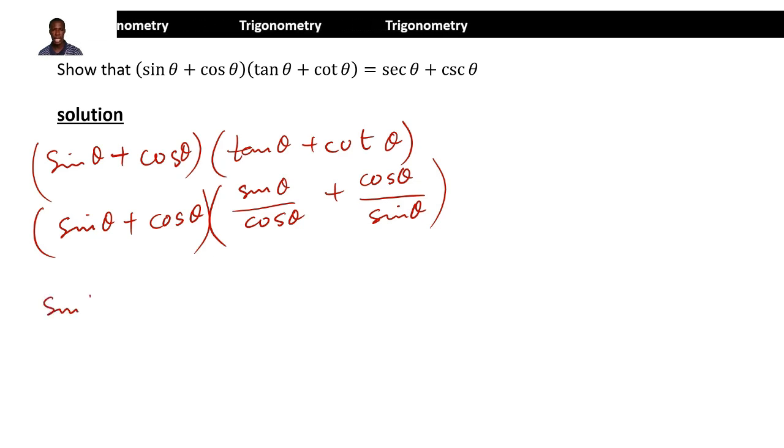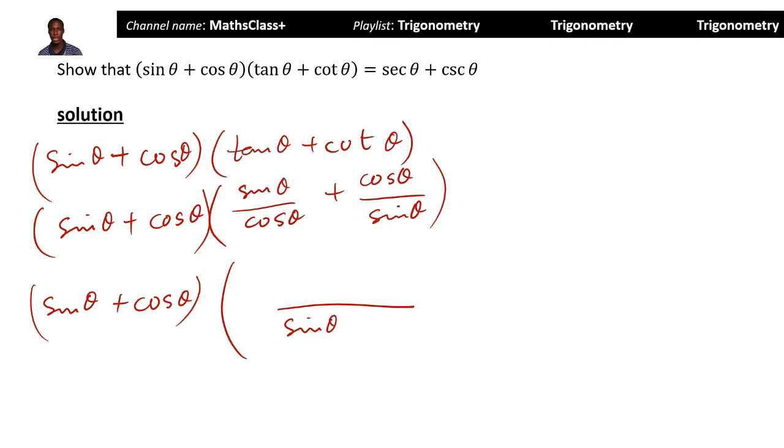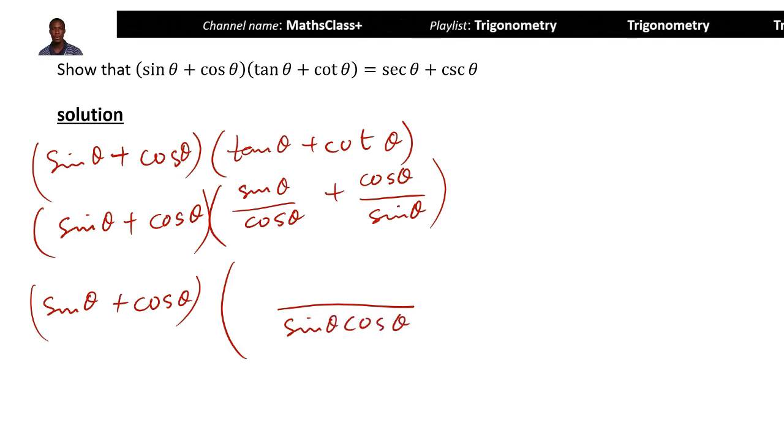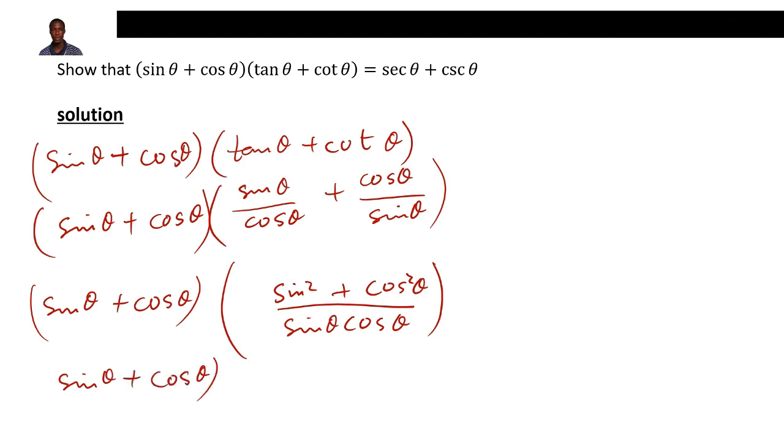So sine theta plus cos theta. Then I will find my LCM, which will be sine theta cos theta. And then here sine squared theta plus cos squared theta. Okay, now the numerator will become 1. So I'll have sine theta plus cos theta multiplying 1 over sine theta cos theta.